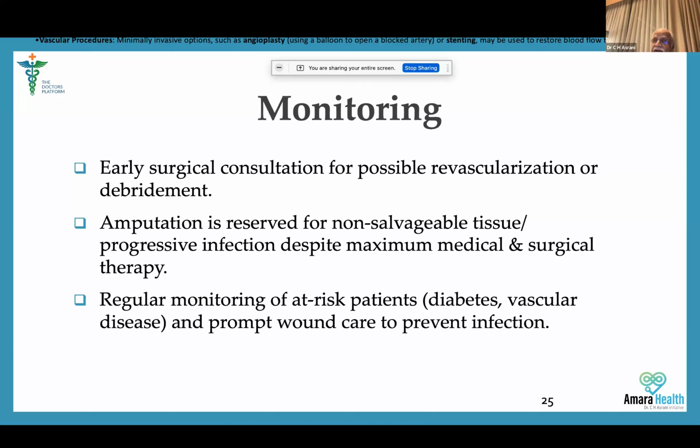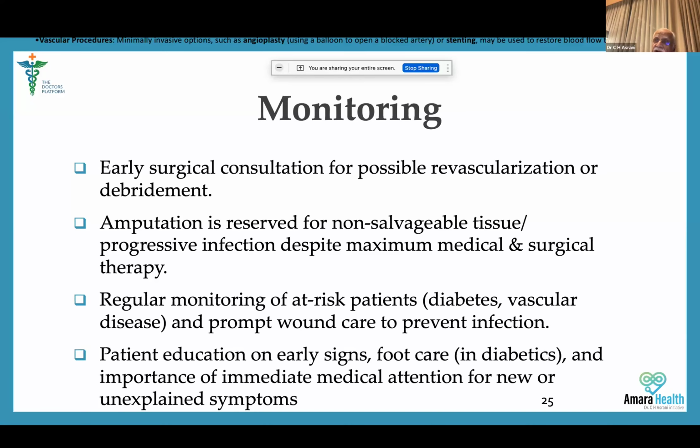If, my dear friends, you are treating diabetes, at the monthly, two-monthly or quarterly visit, you have to examine feet. Patient education, early signs, checking your soles regularly in the dressing table mirror is a must.